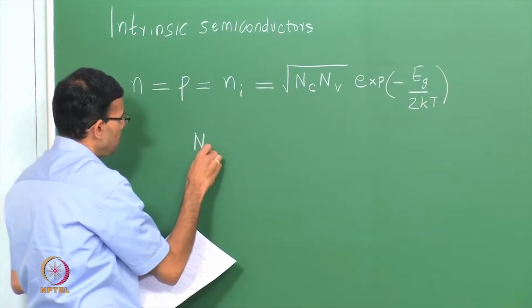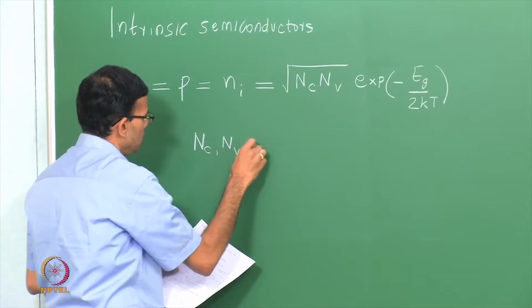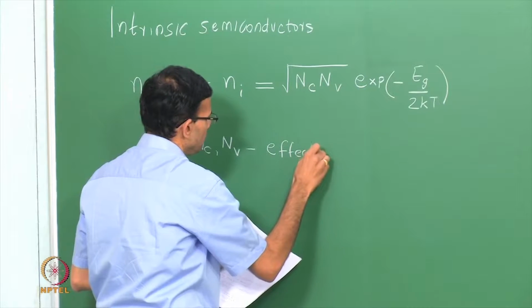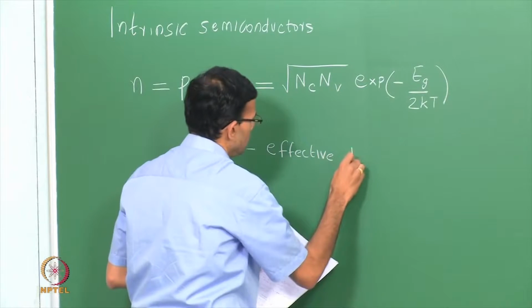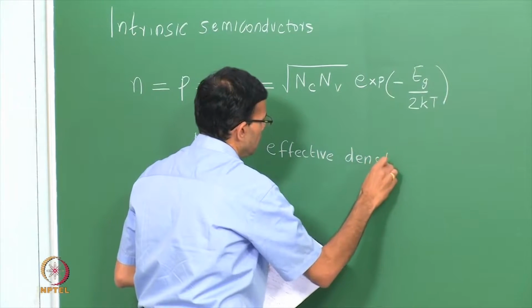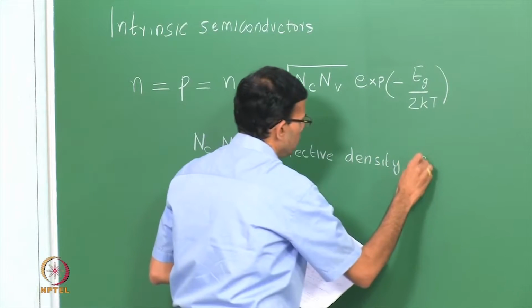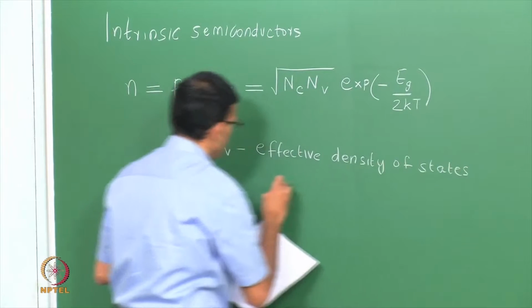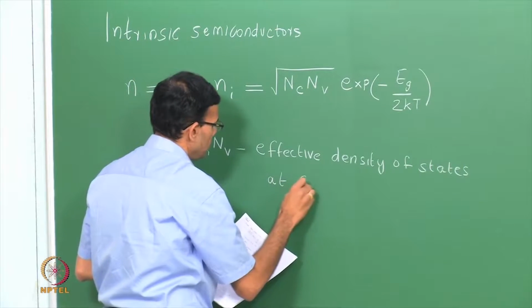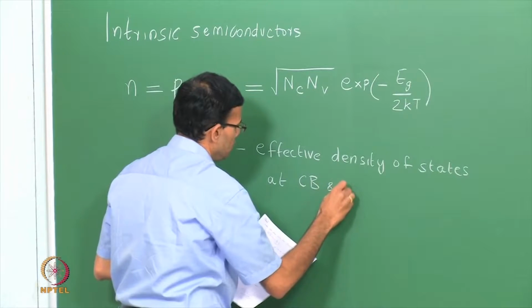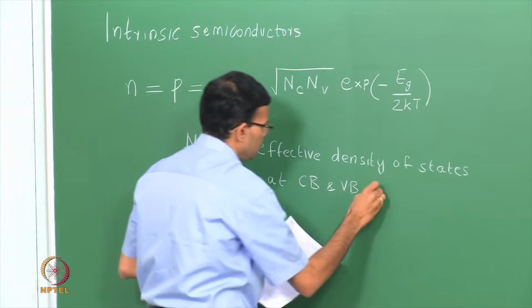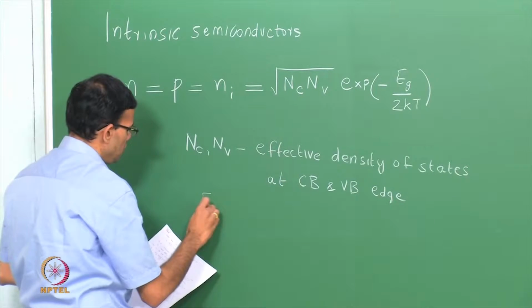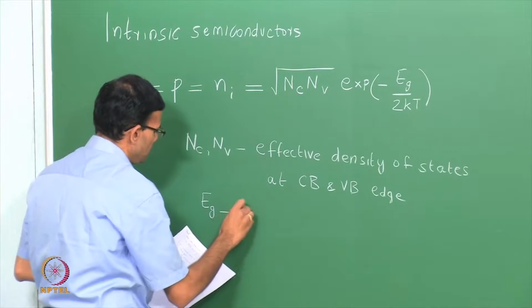Nc and Nv were the effective density of states at the conduction band edge and the valence band edge, and Eg was the band gap of the material.